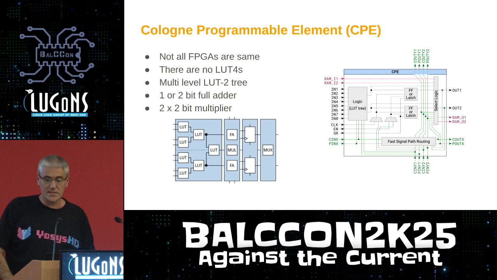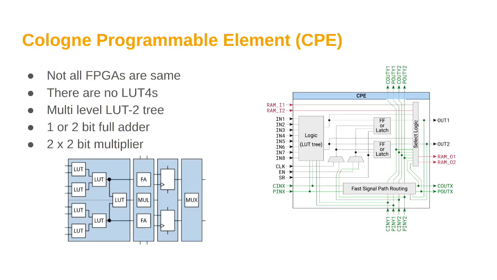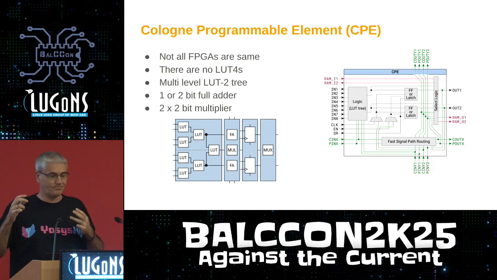What is specific for this architecture is that they are using so-called CPEs, Cologne Programmable Elements. As you may see, those are not LUT4s. You can generate any logic function that contains 4 inputs and 1 output with a LUT4.